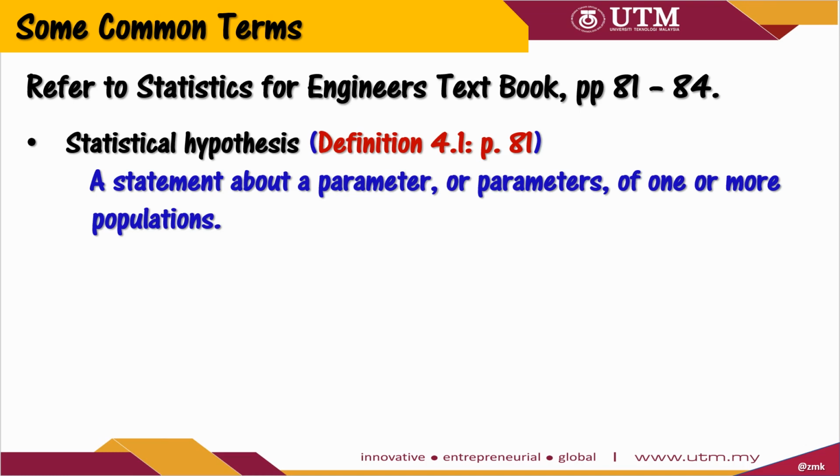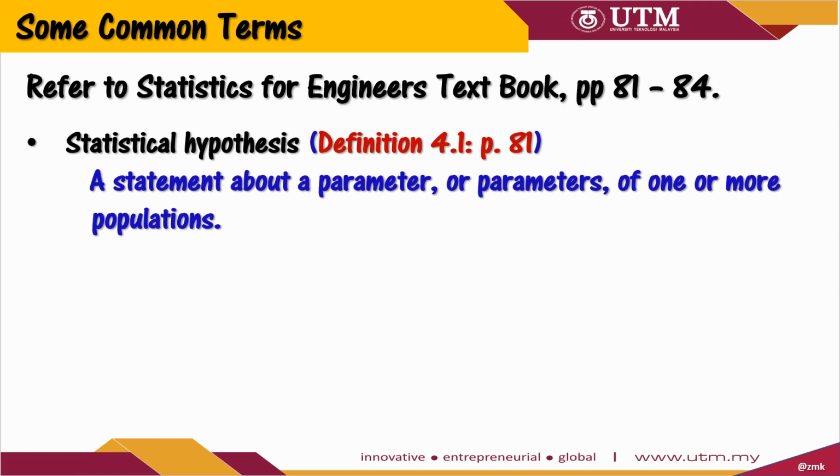It depends on the sample information or sample data, whether the sample data provides some evidence to support or reject the hypothesis we are making about the parameter of interest. So, a statistical hypothesis is a statement about a parameter of interest where the parameter could be assumed to have a particular value.